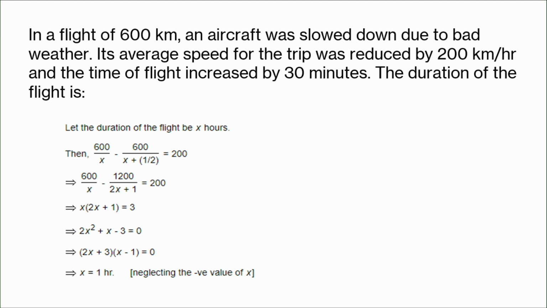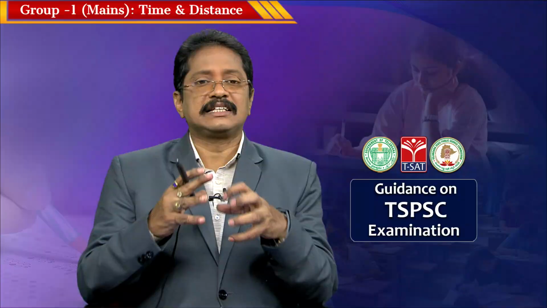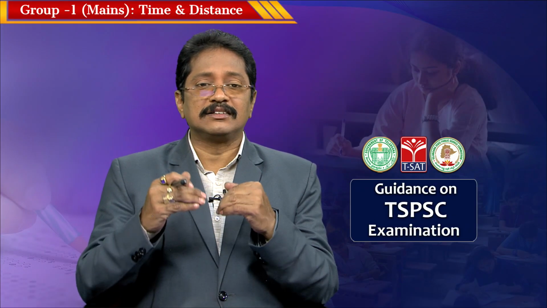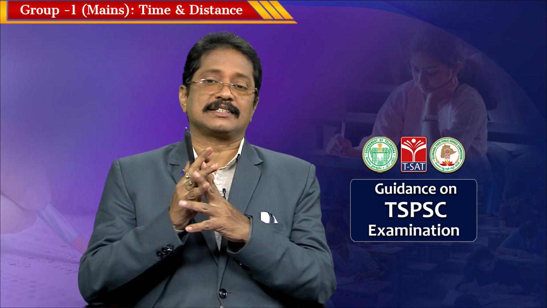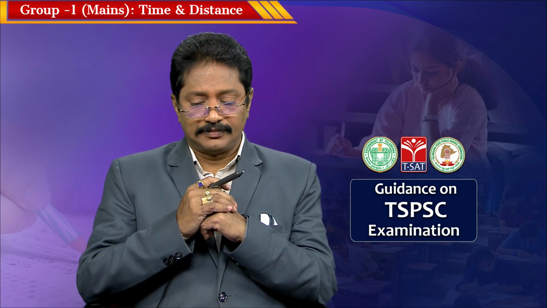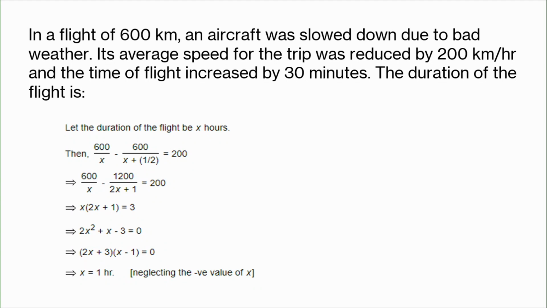So this is the situation given. We want to travel 600 kilometers in air by an aircraft, but due to bad weather, the speed is reduced by 200 kilometers per hour.